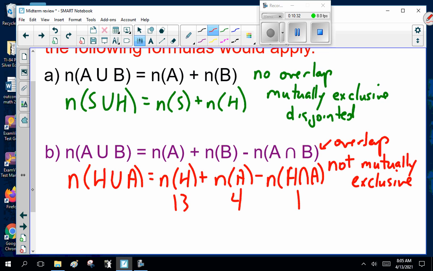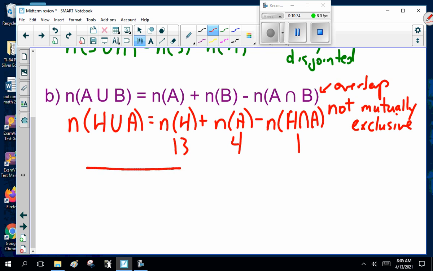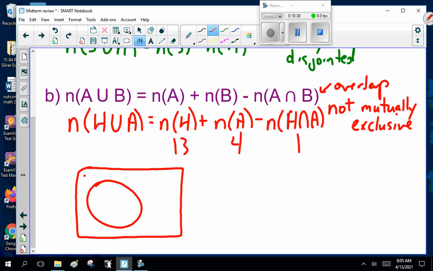Okay, now if we do the Venn diagram, there's 13 hearts, 4 aces, but 1 of them is a heart, 3 are not. Okay.